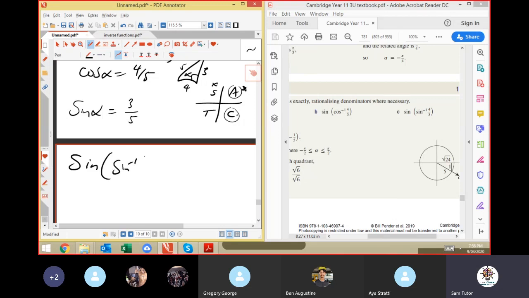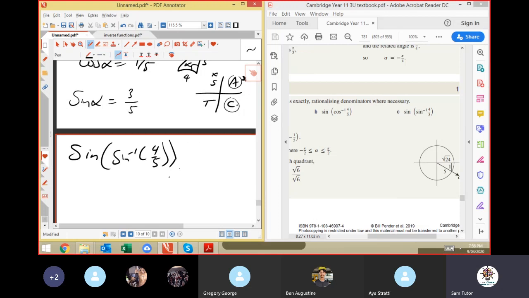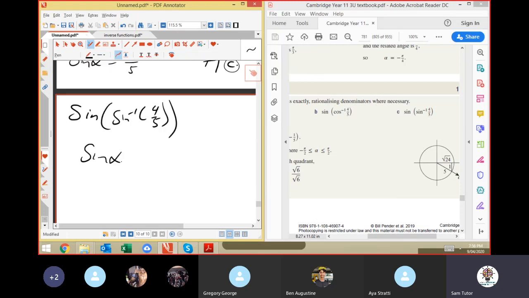Sine inverse 4/5. Alright, let's try this one again. So we know that sine alpha equals 4/5. Well, if sine alpha equals 4/5, then this is sine of alpha, which is still 4/5. And in fact, I don't even know why I bothered doing this. Sine inverse sine, they just cancel out.